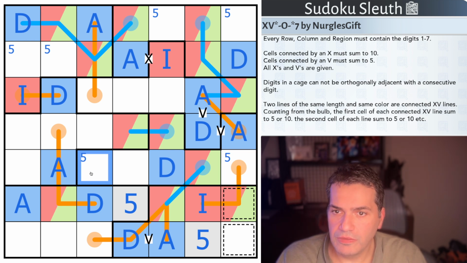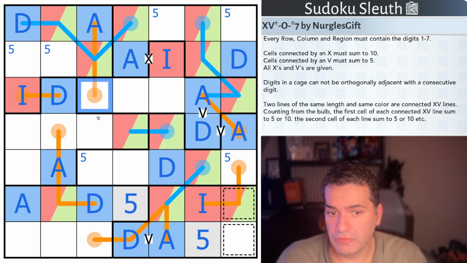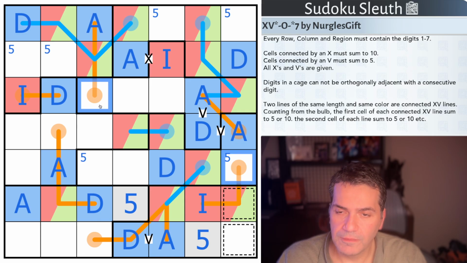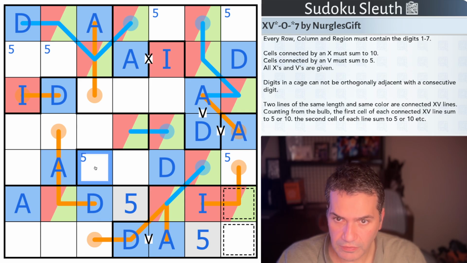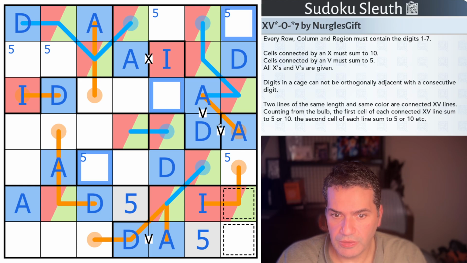If this is 5, well, that's not 5. No, I thought if this is 5, that's not 5. But never mind, if this is 5, this is definitely 5. Ignore that. But if this is 5, so this would be 5, this would be 5.